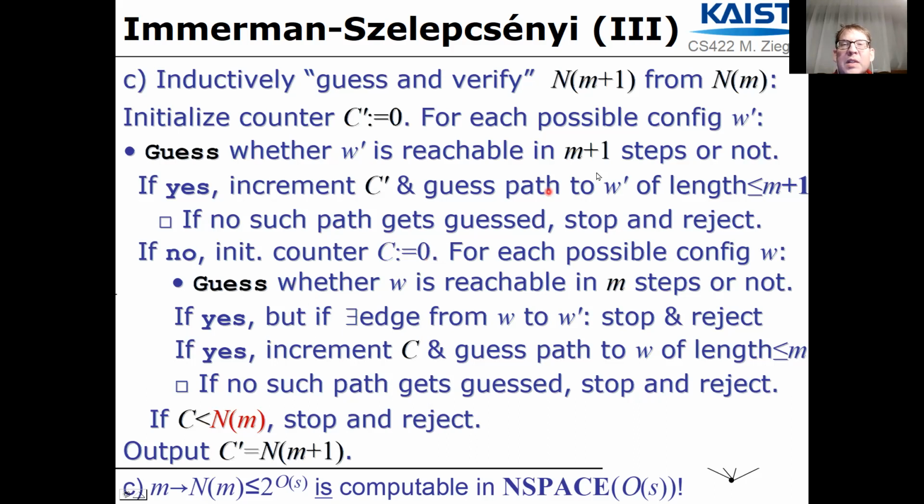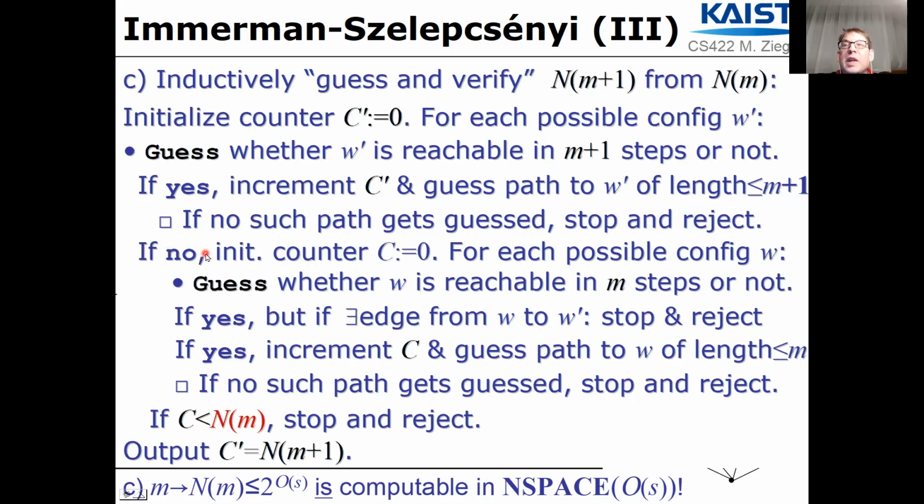Namely, we decide the unreachability of a vertex W prime in order to verify that we've correctly guessed that W prime is not reachable. It's easy to verify whether the positive guess is correct, that W prime is reachable. But the hard part is now verifying the guess that W prime is not reachable within m+1 steps, because we don't have the information of n of m+1.